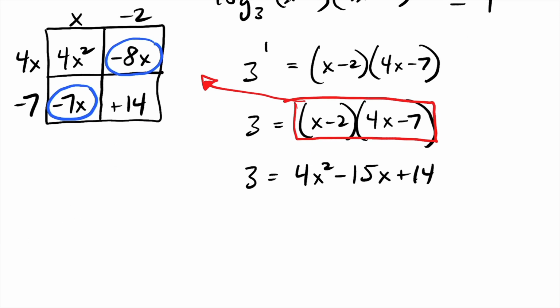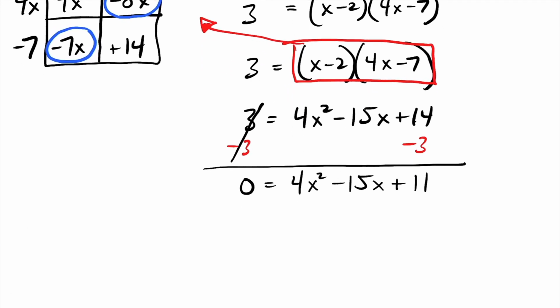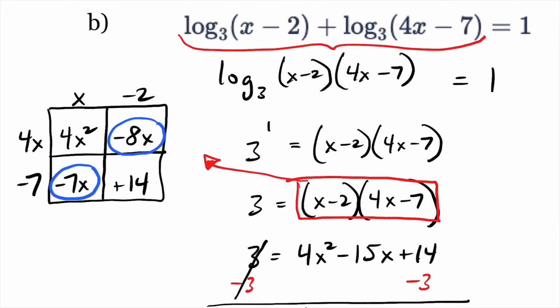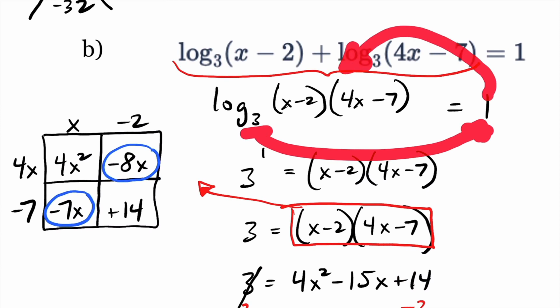Okay, now I can set it equal to 0. Now I can set it equal to 0 by minusing 3 from both sides. Yep, the 3 was already there. The 3 was from 3 to the first power when I changed it to an exponent.